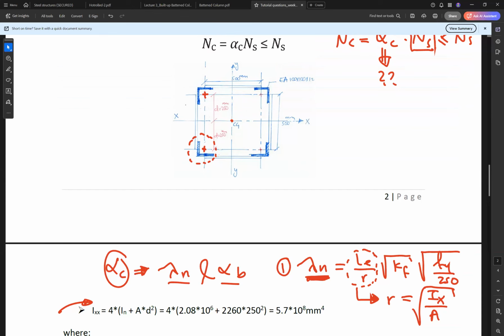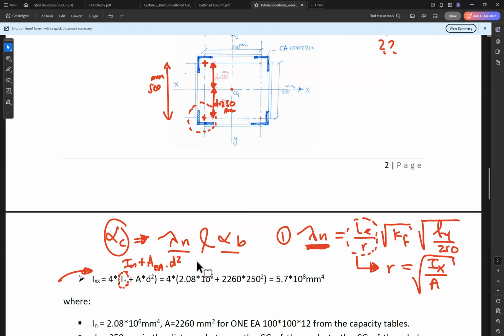The inertia of one angle equals the inertia about its own axis, In, plus the area of the angle times the distance from the CG of the angle to the CG of the whole section. We can call it d or a. d here, the distance in total, is 500 millimeter, so d equals 250 millimeter based on the geometry we have.